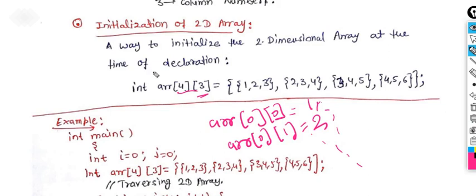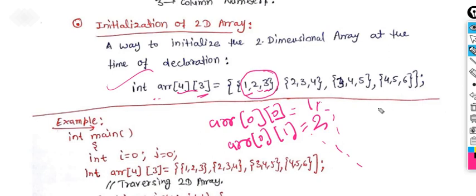So another way is that during the declaration itself, with the help of curly braces, you can initialize the arrays. How is it possible? Here, how many columns are there? 4 rows, 3 columns, right? In the first one, you write 1 2 3, all 3 elements, column wise or row wise, it's up to the user.